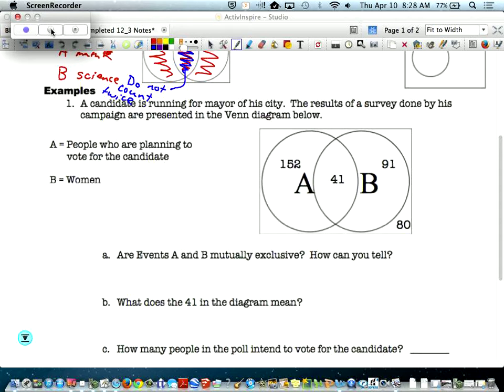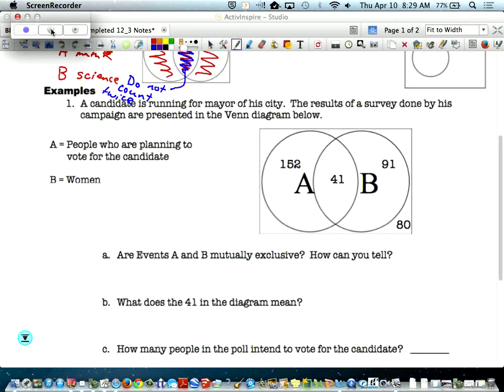So if this is your campaign and you're calling people up and asking who they plan to vote for, these are people that are on your side. And B is simply that when we talked to somebody in the survey, the person was a woman. So A are people who are saying yes to our candidate. B is simply a woman in the survey.